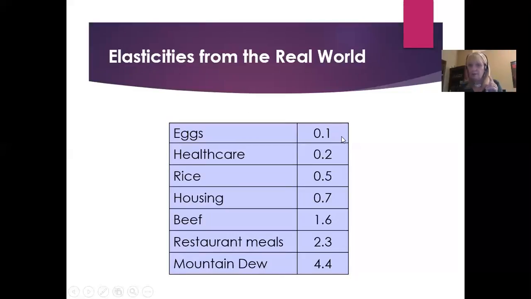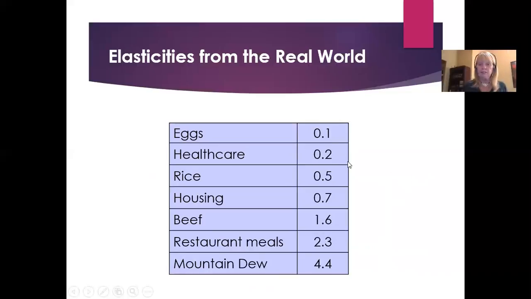In price, you're going to lose 0.1% of your quantity demanded. Very inelastic. On the other hand, Mountain Dew is 4.4, very elastic. For every 1% increase in price, you're going to get a 4.4% decrease in quantity demanded.